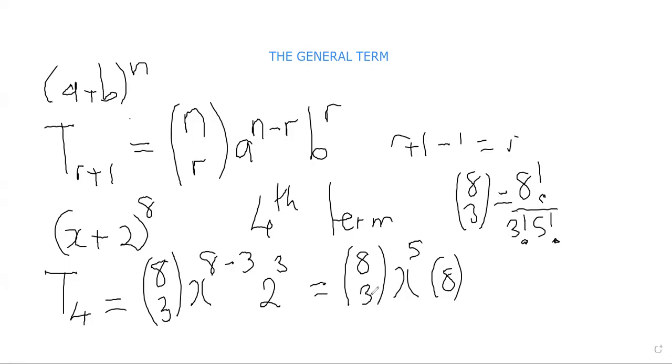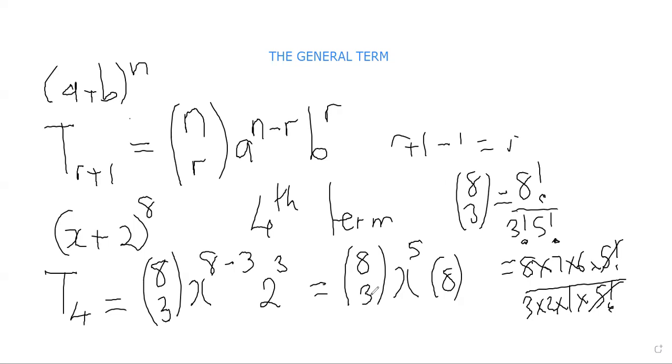So we can expand 8 factorial up to 5 factorial, which is 8 times 7 times 6 times 5 factorial, over 3 factorial, which is 3 times 2 times 1, and then we multiply by 5 factorial. I'm not going to expand this because I have it there up.